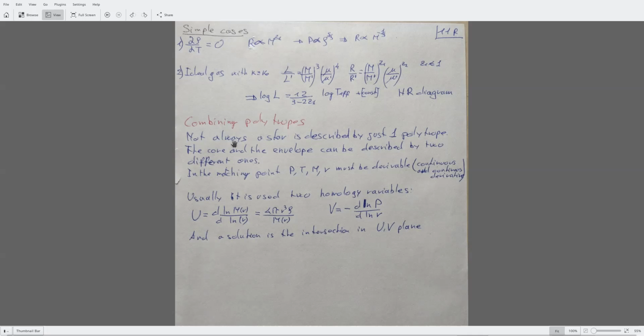With the homology, or using these homology variables, you combine solutions to see where they match, and in this way combine several shells, one solution for each part of the star, and we need to combine them with each other.